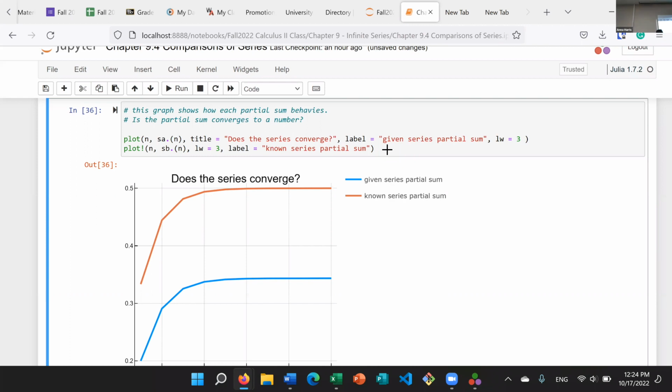And you can see the one that you know is bigger than your problem series. Because the problem series is smaller than this, you can use theorem 1.9.12 and say, yes, since the known series converges, the unknown series, which is your problem, also converges. So this is how we're going to do it numerically. Is everybody with me?